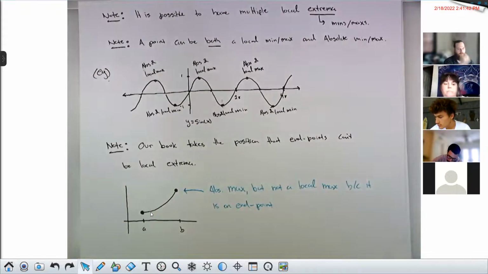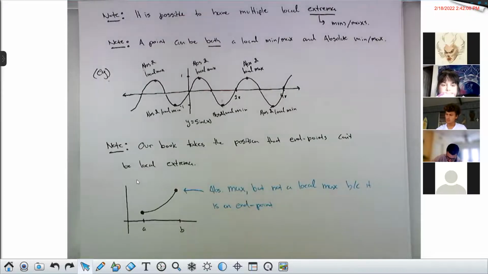And the same thing going on over there at A. That would be an absolute min, but not a local min because it's an endpoint. Now, if you apply the standard inequality definition, you'll see that they would actually meet that definition, but I'm not going to argue with James Stewart.